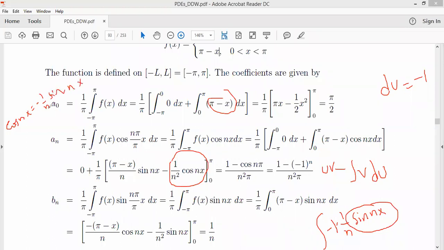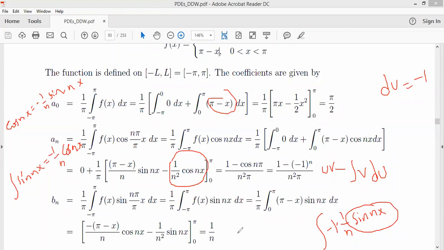I hope we are together. Meaning integrating sine nx, the integral of sine nx, would give us a minus 1 over n, then cos nx. I hope we are together, guys.